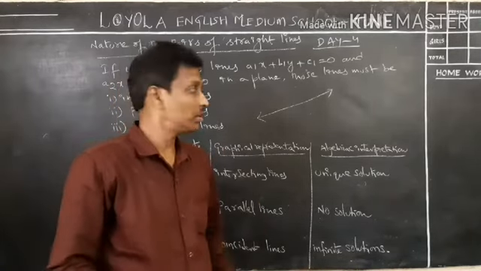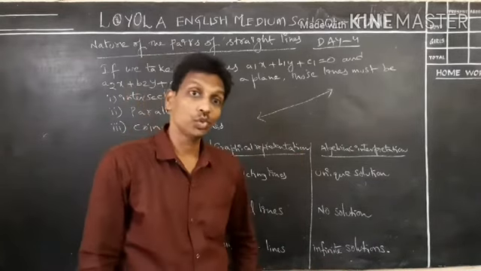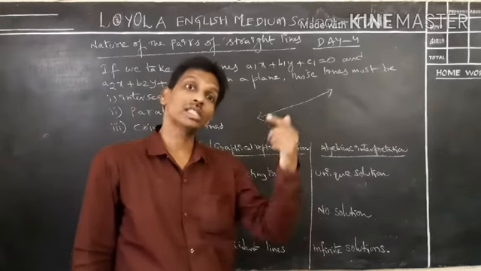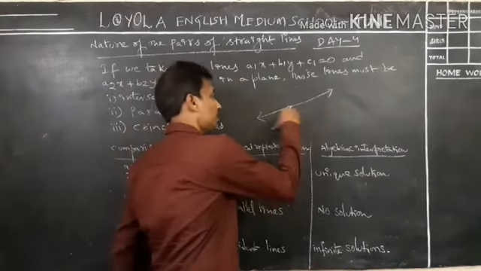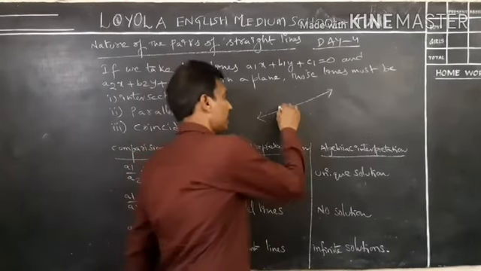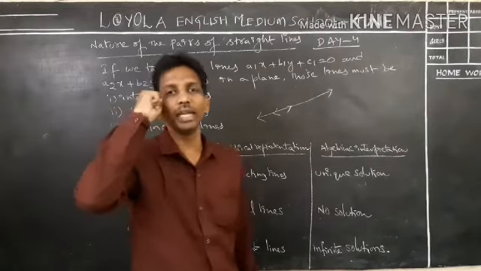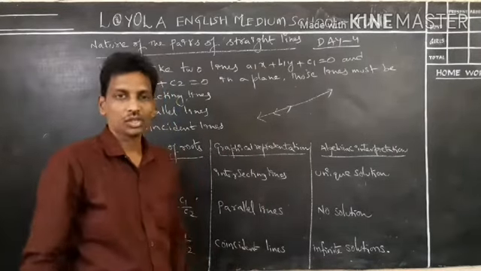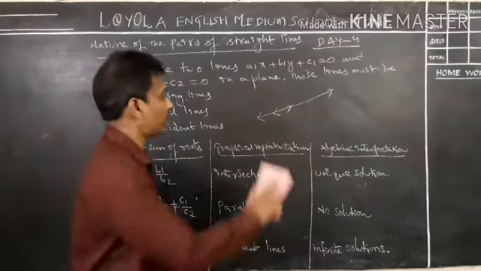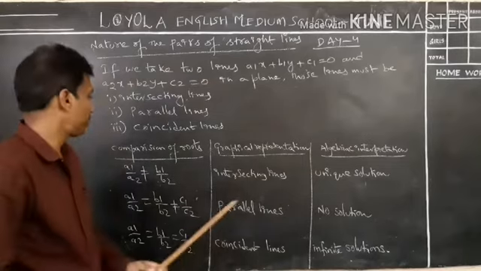Actually the two lines lie on the same straight line. Let us suppose one line like this, and the second line like that, so the two lines coincide on the same line. So these three situations may happen for a given pair of lines.